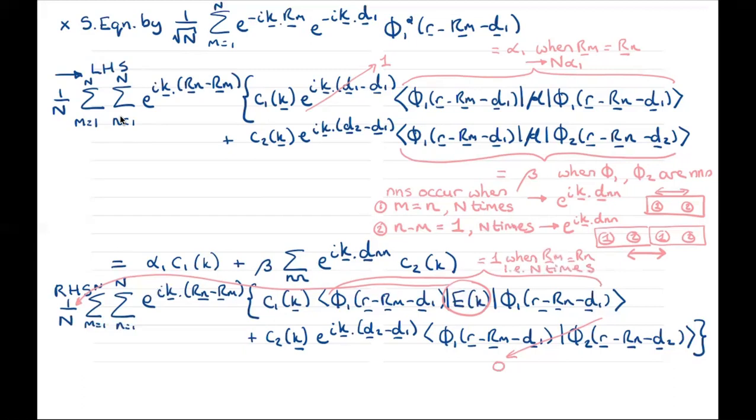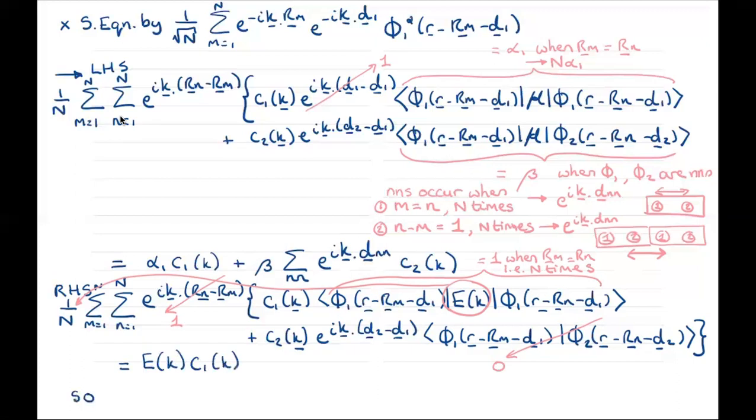So the right-hand side is then much more simple, and also when Rm is equal to Rn, then e to the i k dot Rn minus Rm is just equal to 1. So our right-hand side simplifies to just e of k, c1 of k.